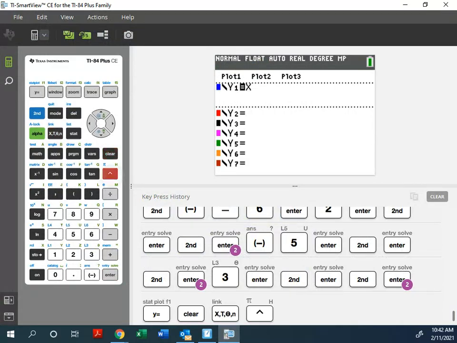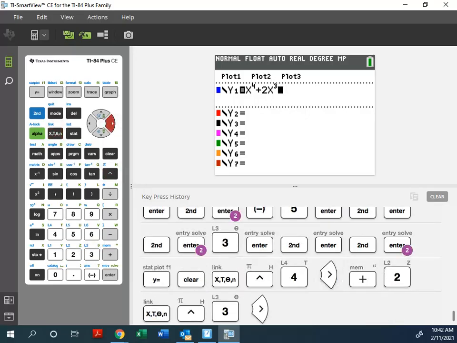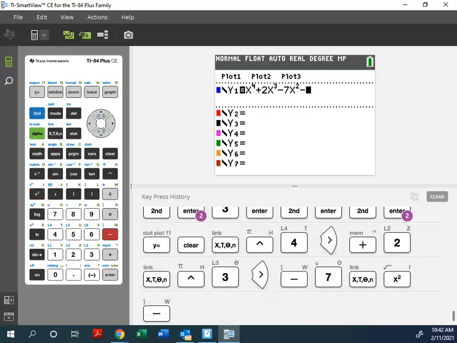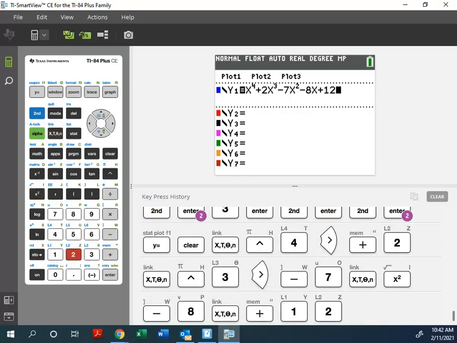All right, guys, I'm going to need your help again. It's x to the 4. What's the next term? 2x cubed. 8x. Look good?